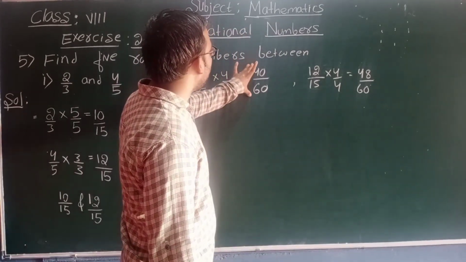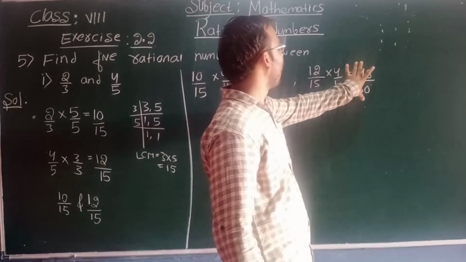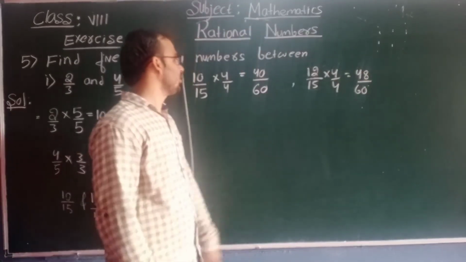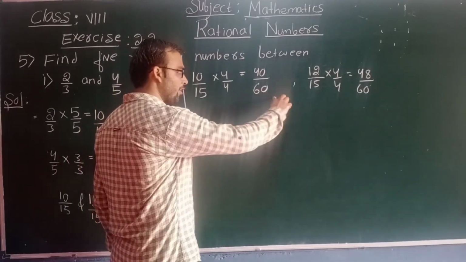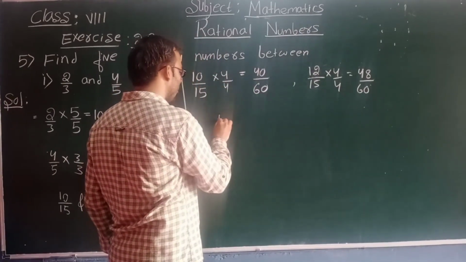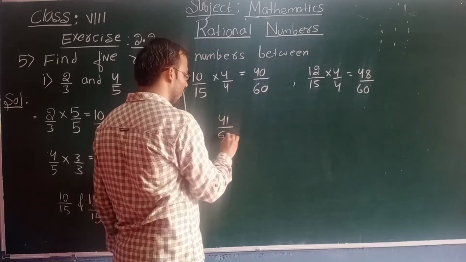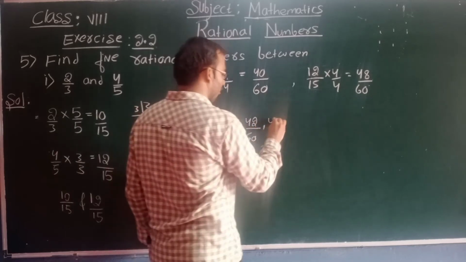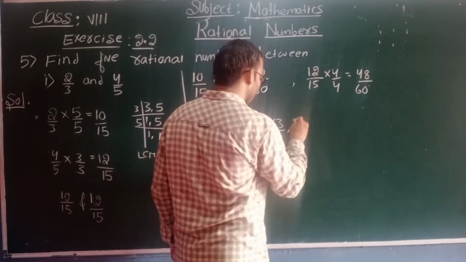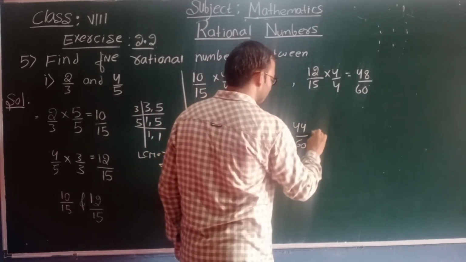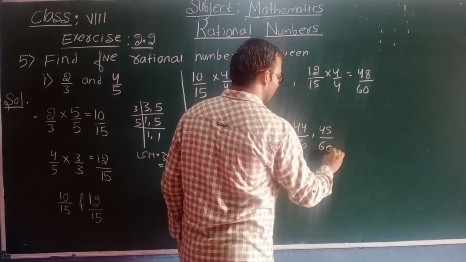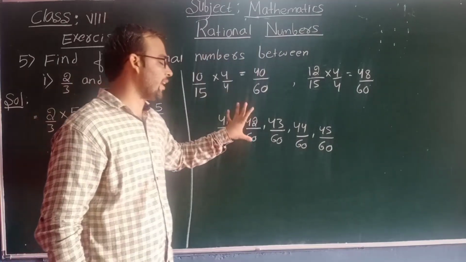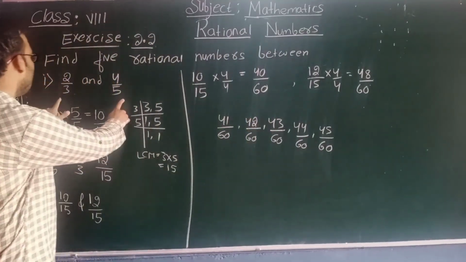We have got 40 by 60 and 48 by 60. So now we can easily write the 5 numbers. Excluding these two, you have to write 5 numbers. So you can write 41 by 60, 42 by 60, 43 by 60, 44 by 60, 45 by 60. 1, 2, 3, 4, 5. These are 5 rational numbers between these two rational numbers.